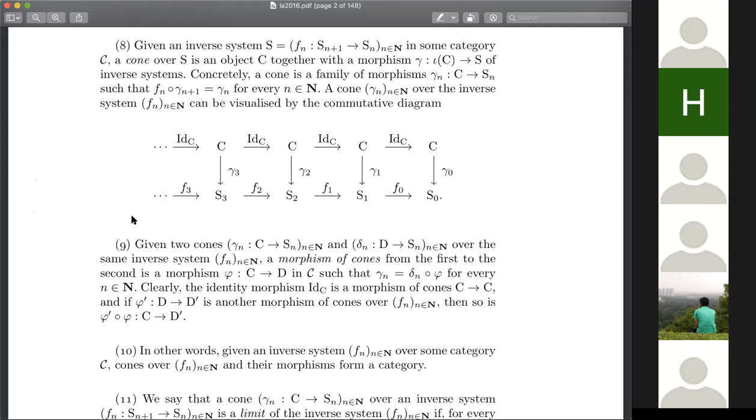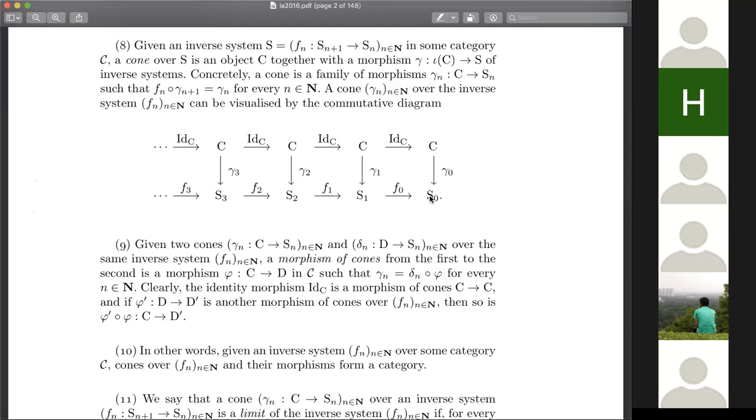The inverse limit consists of those families which are compatible with these maps f_i. So the element that I choose in S2 should map under f1 to the element that I have chosen in S1. Okay? So here is how to construct an arbitrary element of the inverse limit.